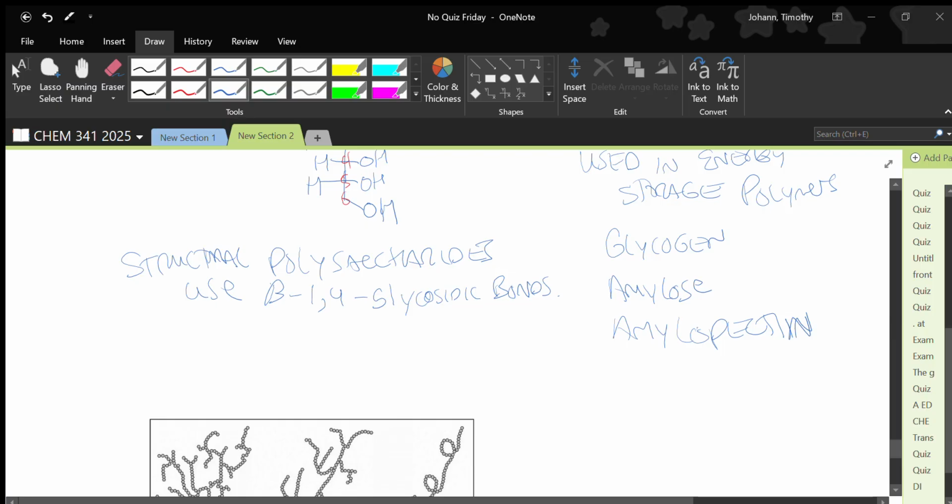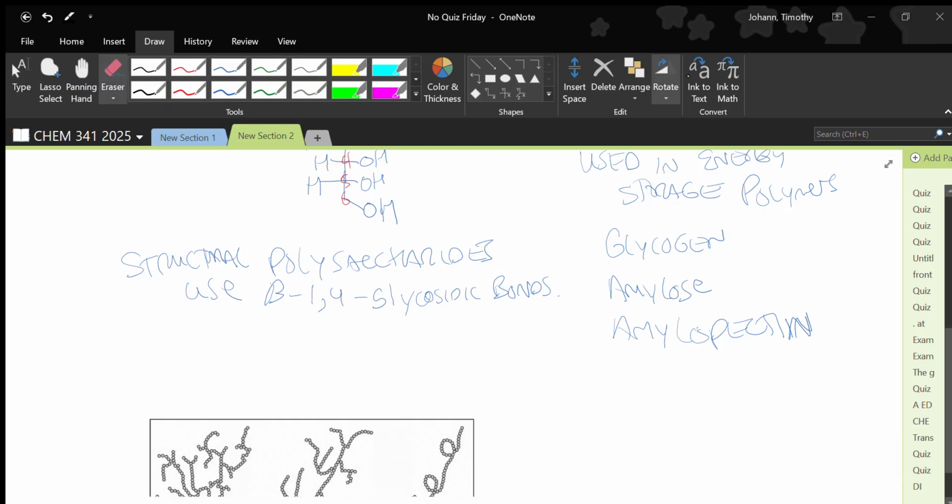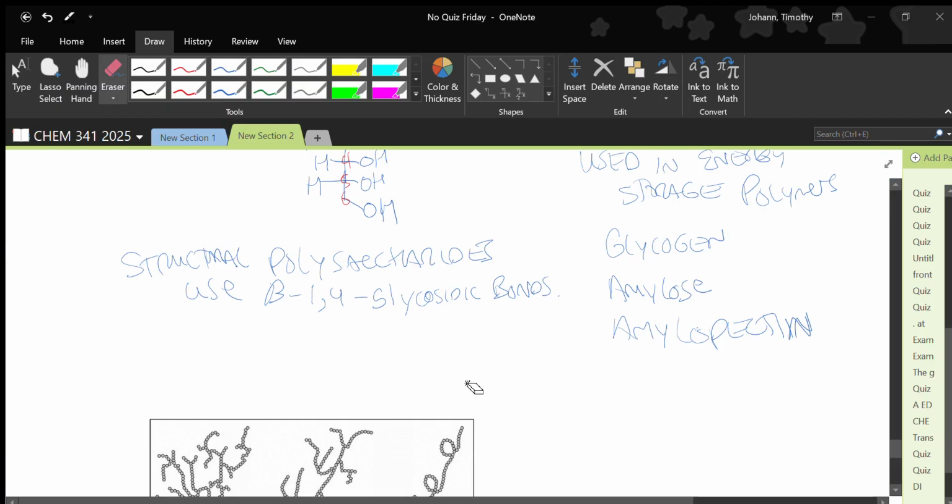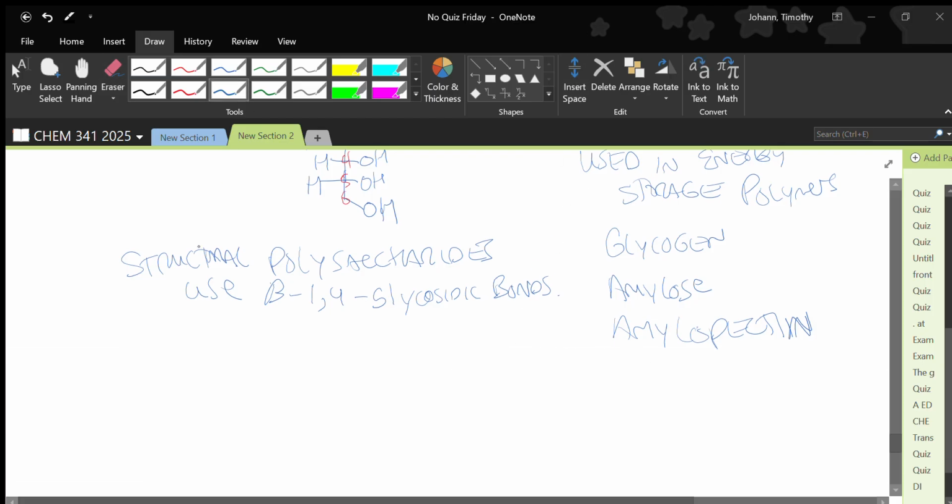What that would look like if I was linking two glucose together, it's a beta, right? So it's going up.